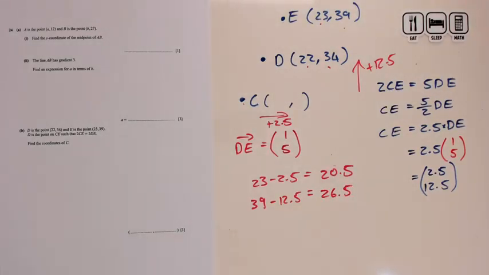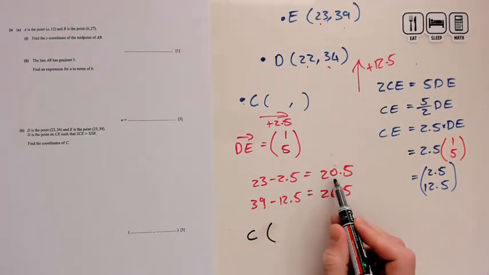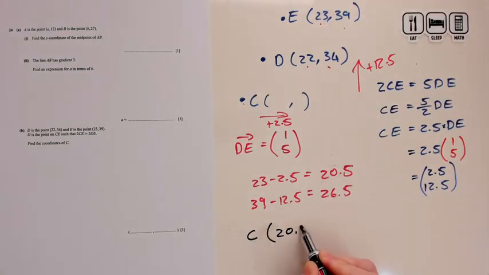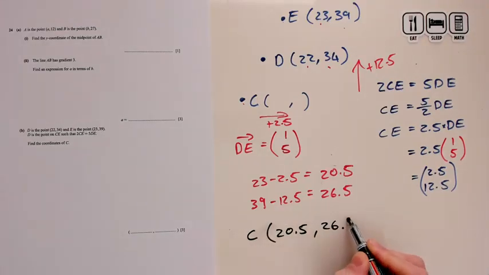So C's coordinates, the x is going to be 20.5, and the y is going to be 26.5. Cool, that's that. I hope this video helped you, and good luck with your exams.